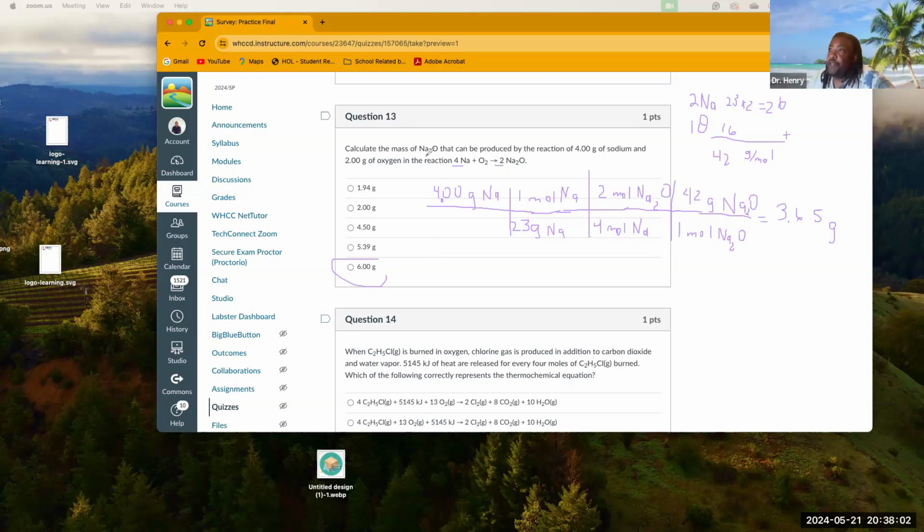And then we have the other one where we start off with oxygen, 2.00 grams of O2. So since we're talking about O2, that means it's going to be 32 grams per mole.